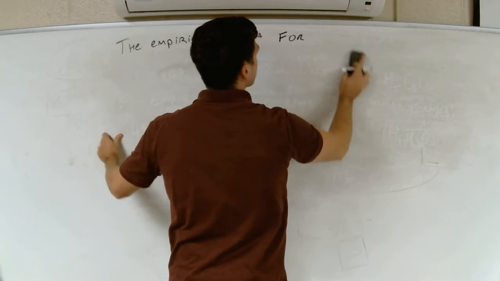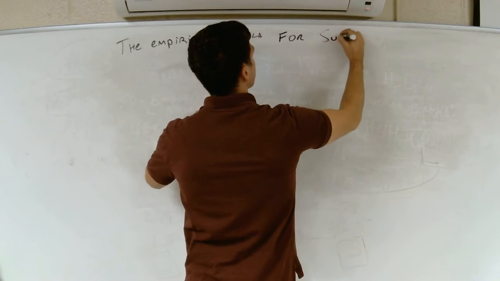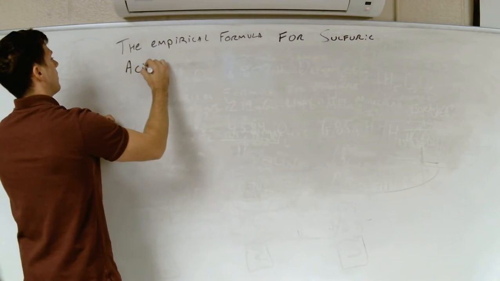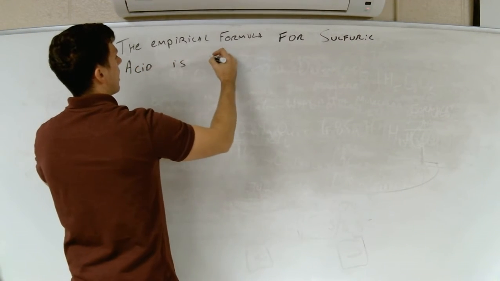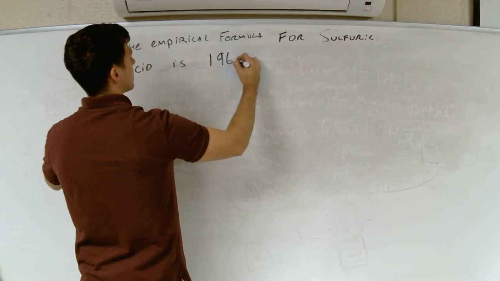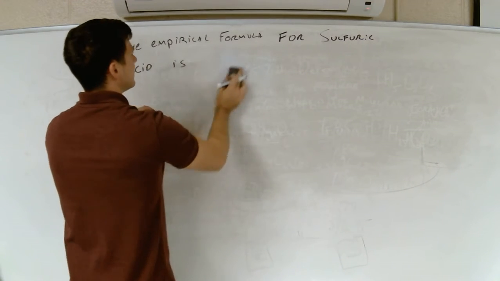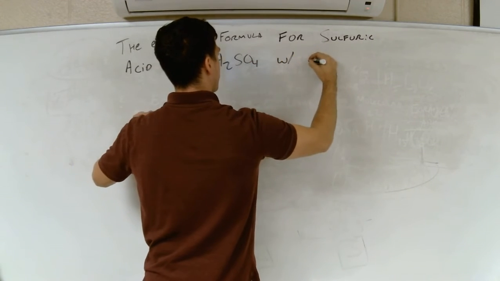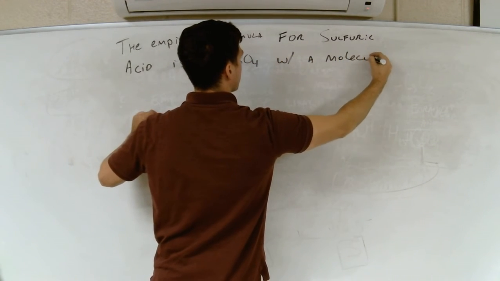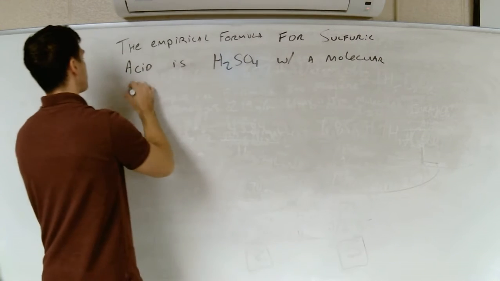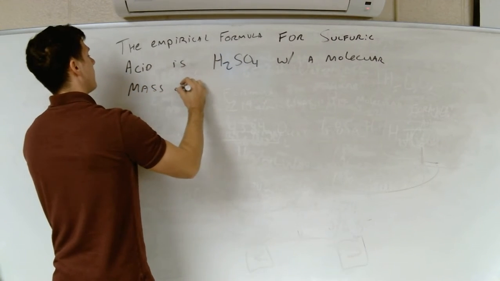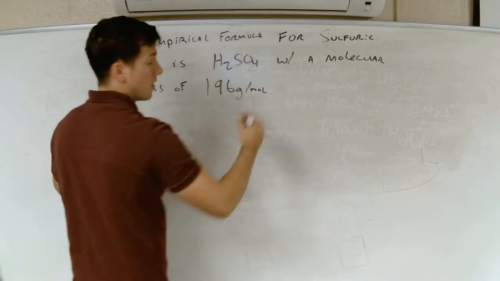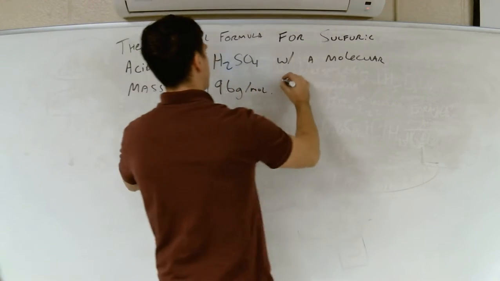The empirical formula for sulfuric acid is H2SO4 with a molecular mass of 196 grams per mole. What is the molecular formula?